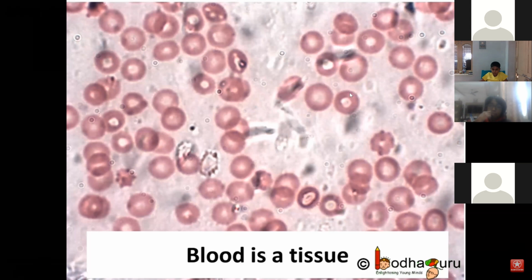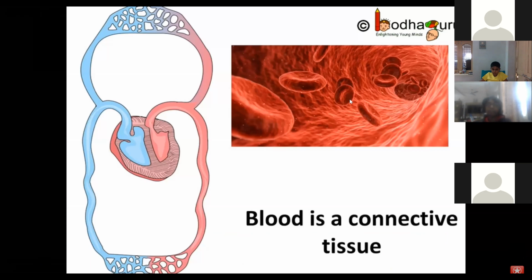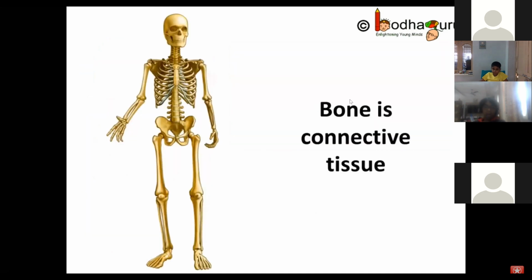So, we can say blood is a connective tissue that transports oxygen, food, hormones, waste materials, and it is a fluid tissue. You know, bone is also a connective tissue. How do hard, rigid bones fall into the same category as blood? That is, they both are connective tissues.